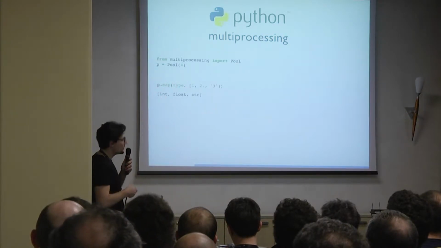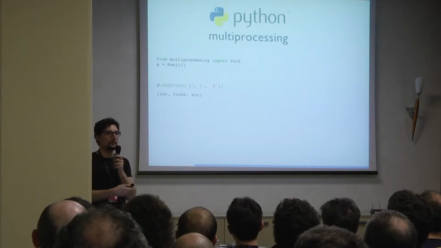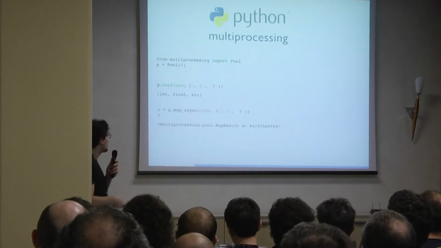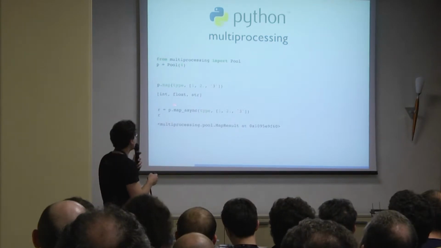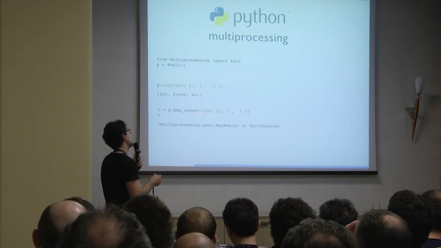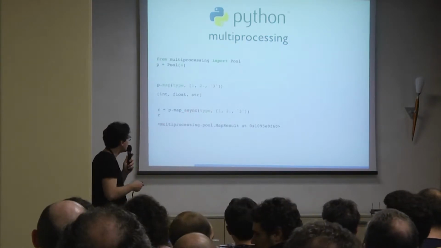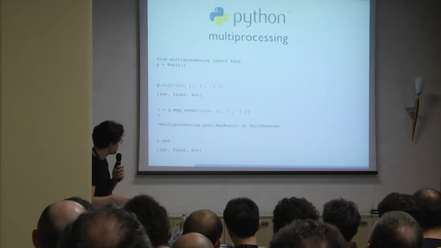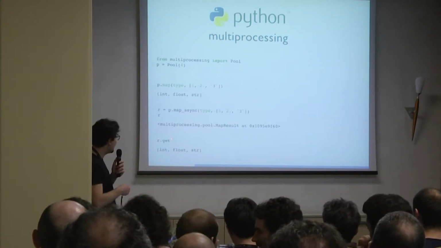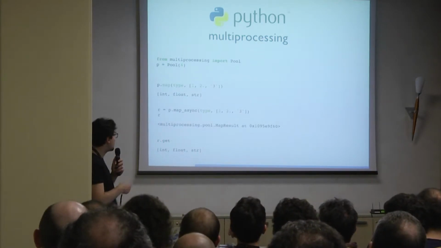The computation of each single invocation of type is executed basically on 3 different CPUs in 3 different processes. We may also call the asynchronous version of map, so we don't need to wait for all the computation to end, and we need to call the get method to get the results after the map_async invocation.